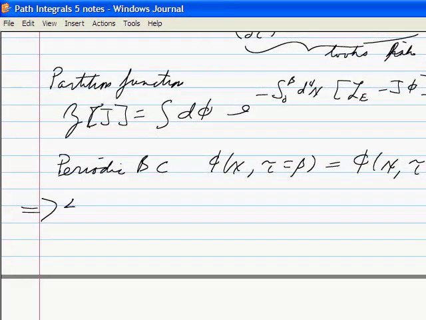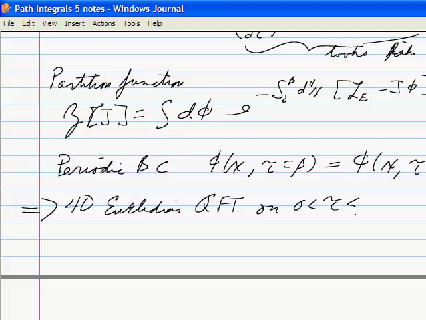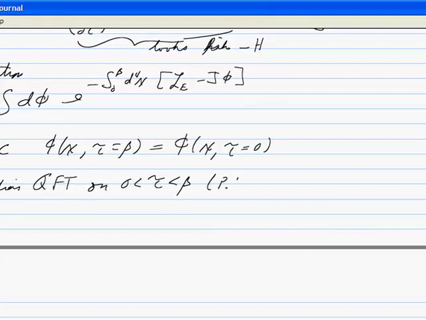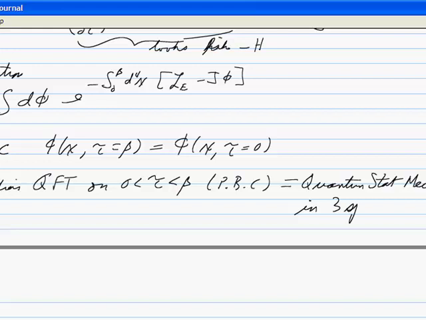So what we've shown is that 4-dimensional Euclidean quantum field theory on this finite interval, so you just take the quantum field theory on this finite interval with periodic boundary conditions, equals quantum stat mech in 3 spatial dimensions.